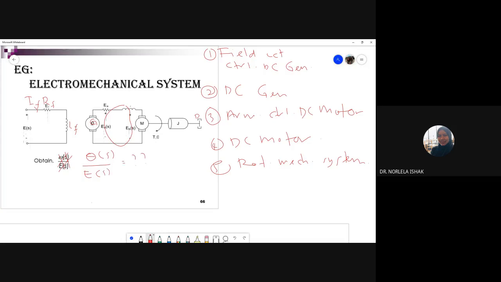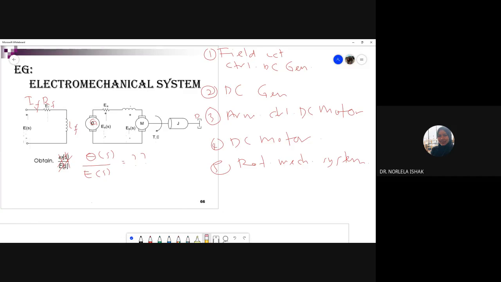Okay, try it. I give you 10 minutes to solve this example. We have 5 subsystems. The equations are the same, fixed like the previous slide.